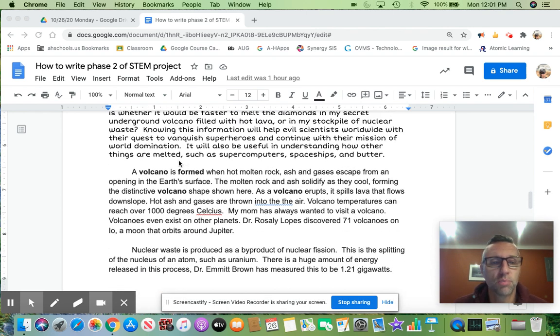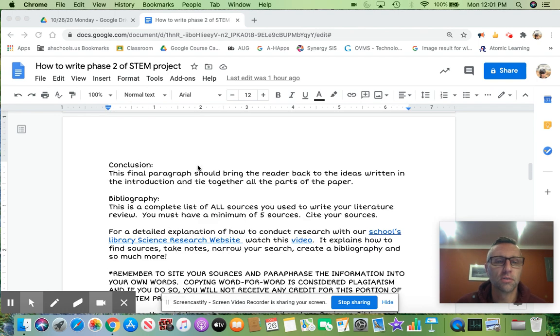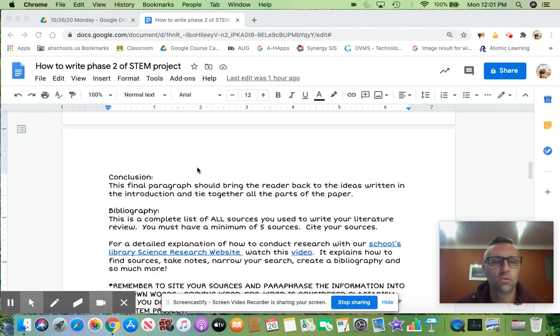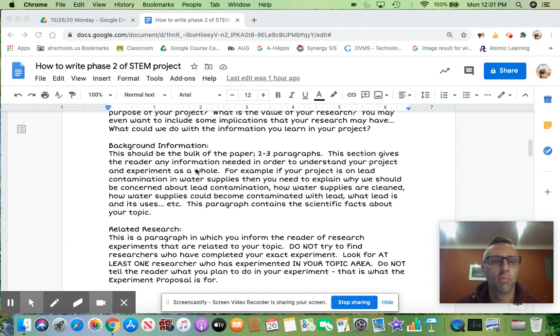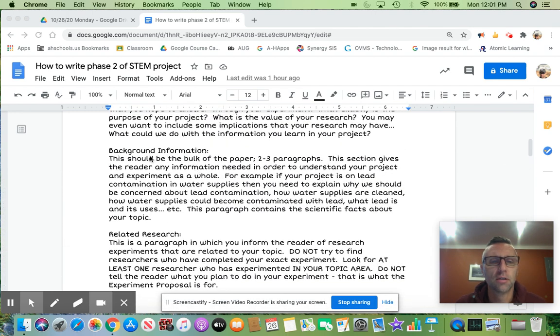Now, let's jump into one of the hardest parts, where people are going to struggle the most, and that is the body paragraphs. So let's look at what it says in your background information. These are the main parts of the paper. This is not explaining how you're doing your project again.